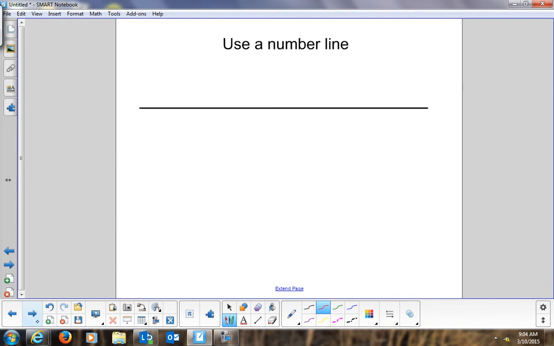All right, another way to do it is using a number line. So let's say we need to find a multiple of 2/5. Okay, so I'm going to put this into fifths, lots of fifths.